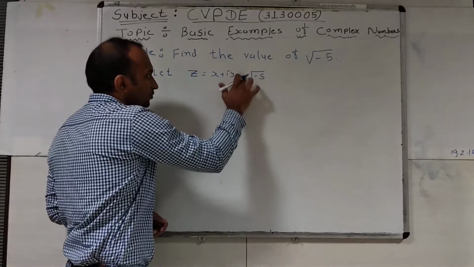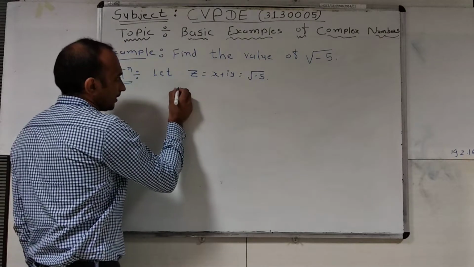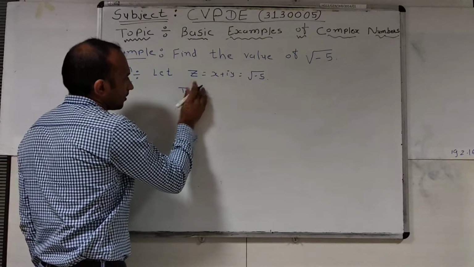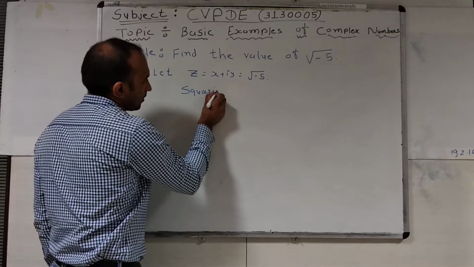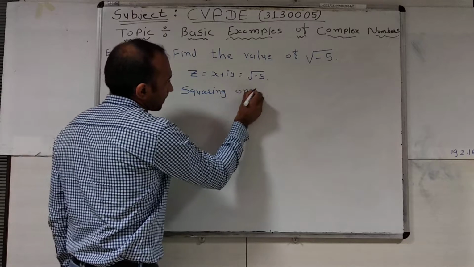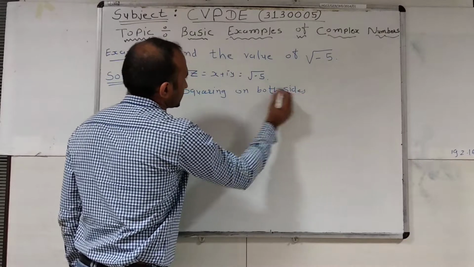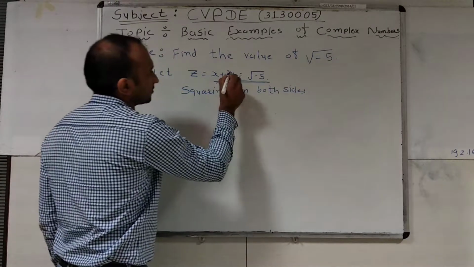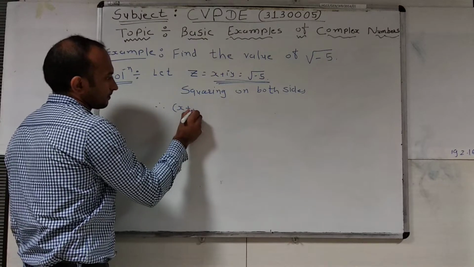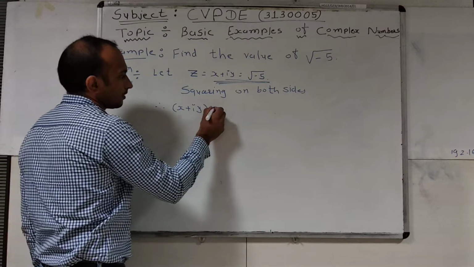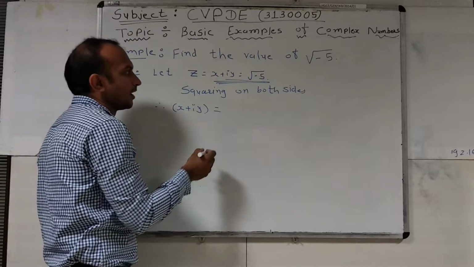Now remove this square root by squaring both sides. So we get (x plus iy) whole square, and this I is also known as the Greek letter iota.